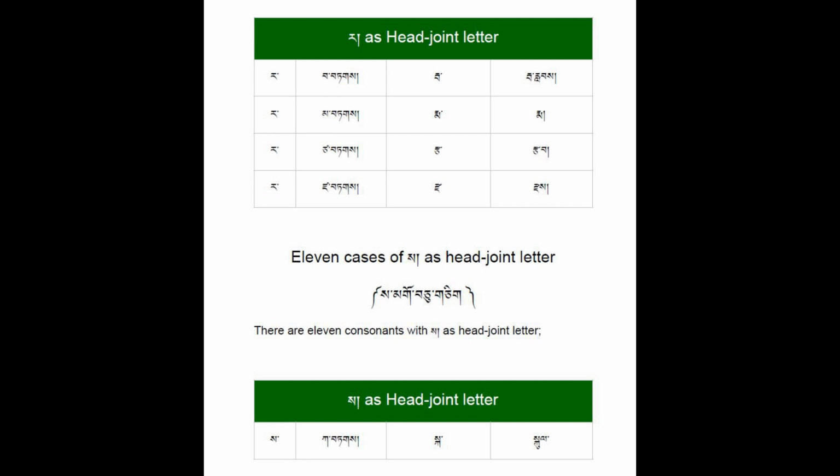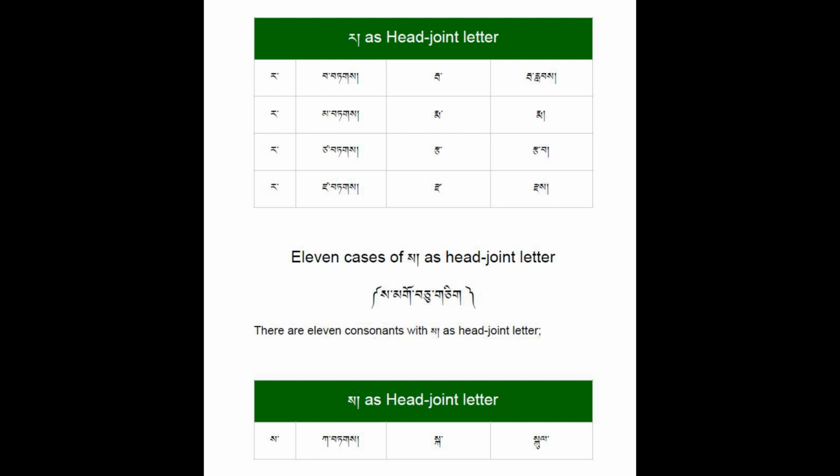So these are the 12 cases where we have ra as the head joined letter: ka, kha, nga, cha, nya, ta, tha, na, pa, ma, tsa, za.